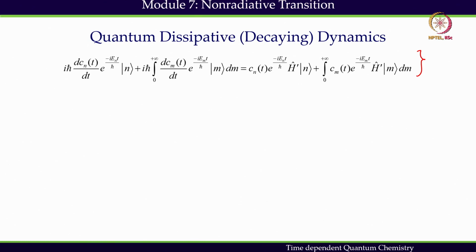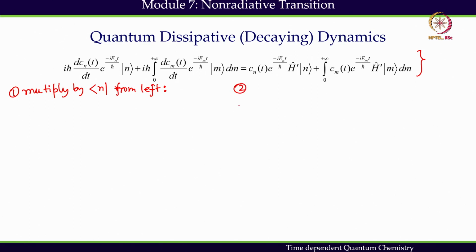Now we will reduce it further. We will first multiply by n from the left.